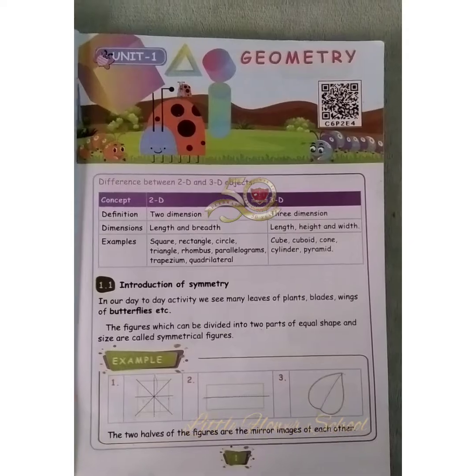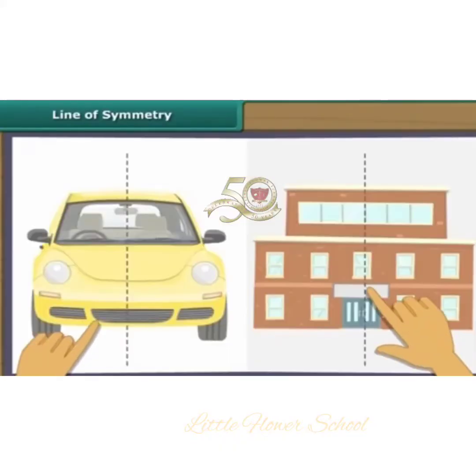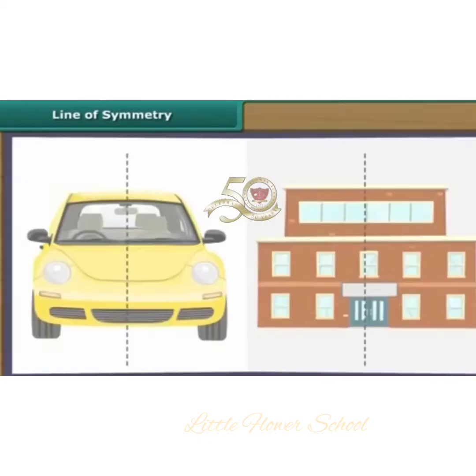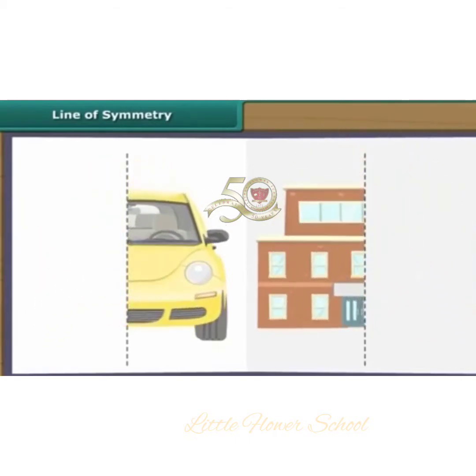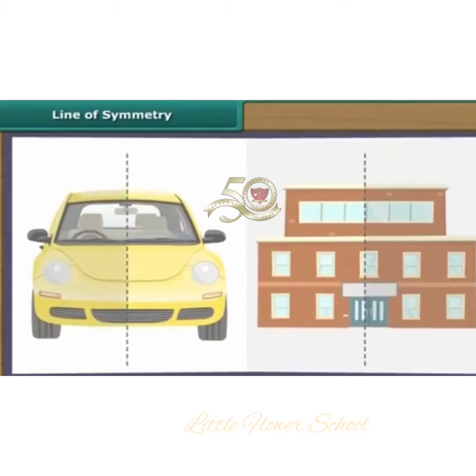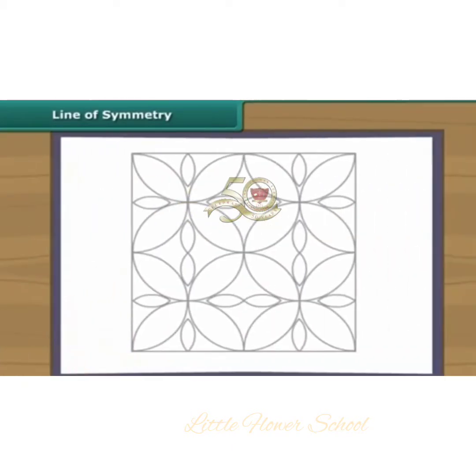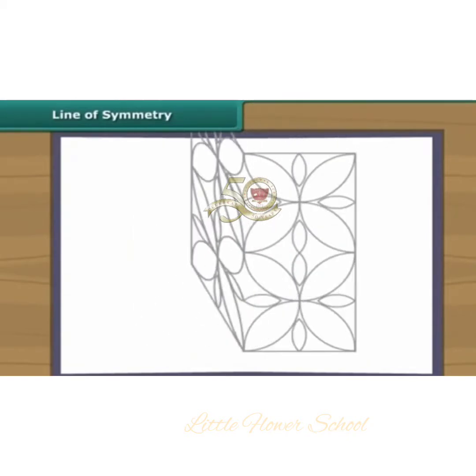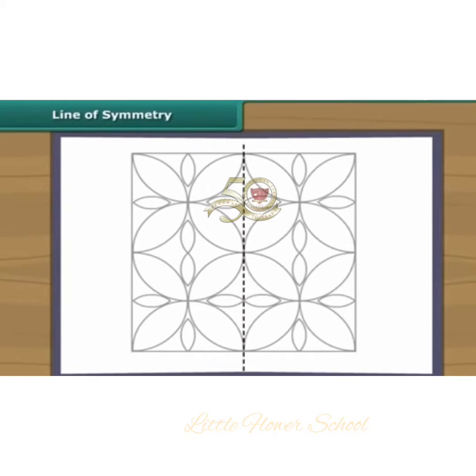Watch the video, children. The line you can see is the line of symmetry of these figures. Line of symmetry, what is that? When we fold the figure about this line of symmetry, we will see that the two parts of the figure are coinciding. Let's take this figure now. When we fold this figure from the center, we will see that the two parts coincide.